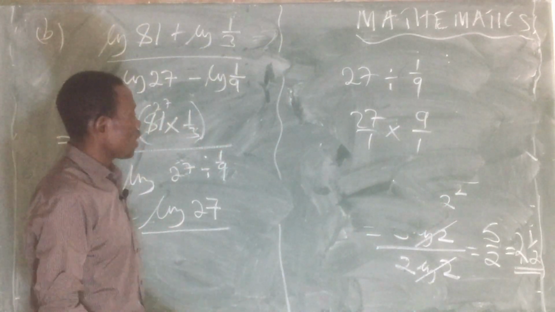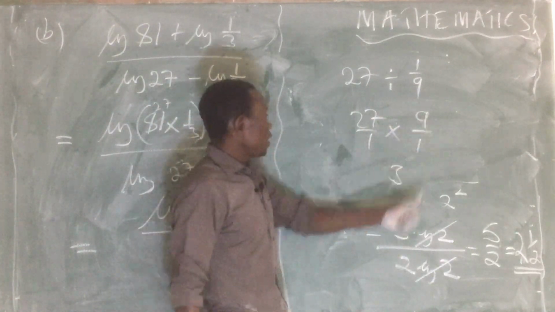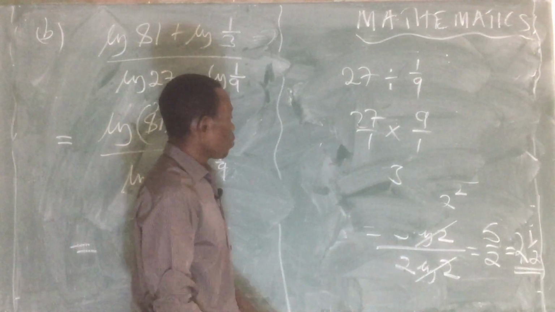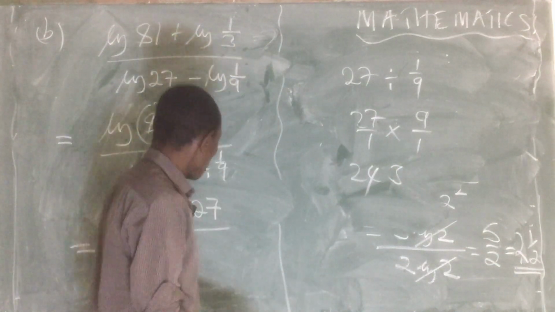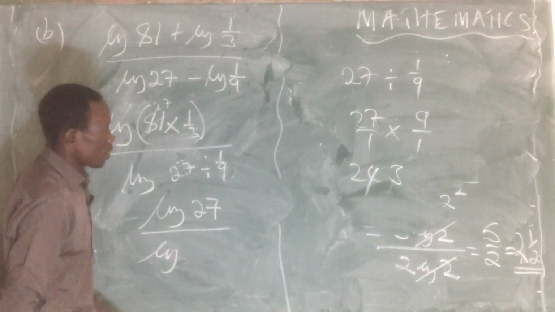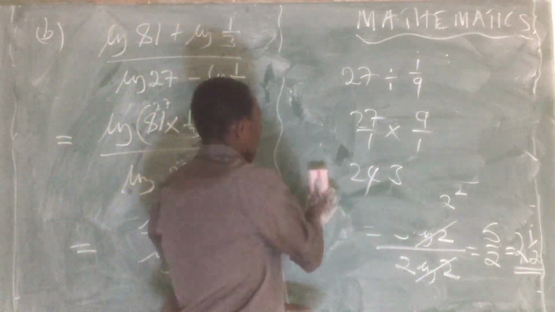So what you get at the end is 9 times 7, 63. 9 times 2 is 18 plus 6, that is 24. So at the very end down here, you have log of 243. That's what we have there.